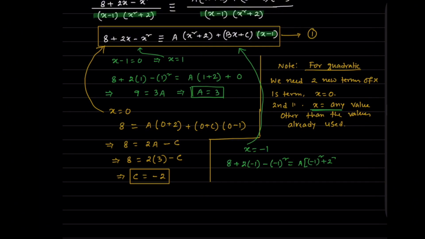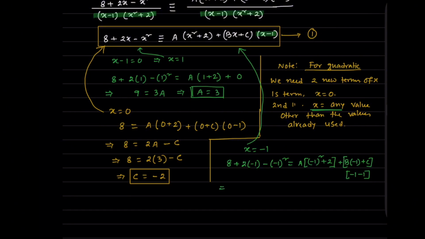Then we can write plus b, x is minus 1, so b times minus 1 plus c, and then we have x minus 1, so we write minus 1 minus 1.